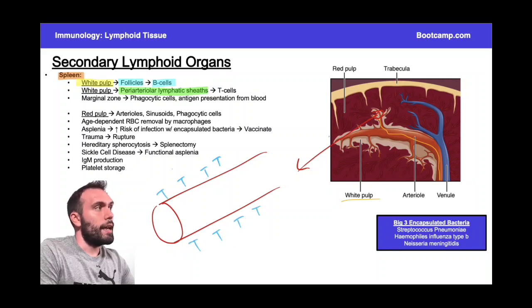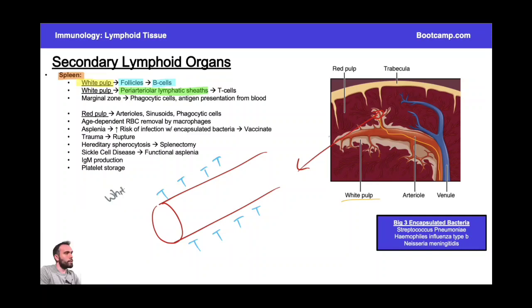And remember, this whole thing around this arteriole is going to be surrounded in white pulp. So this whole area here is all going to be white pulp. And that area around the arteriole, remember it says peri, around, arteriolar lymphatic sheaths. It's almost like a sheath of T cells surrounding that arteriole.